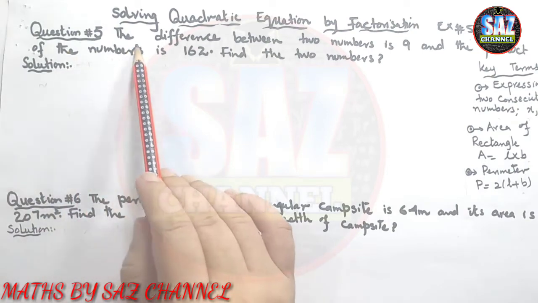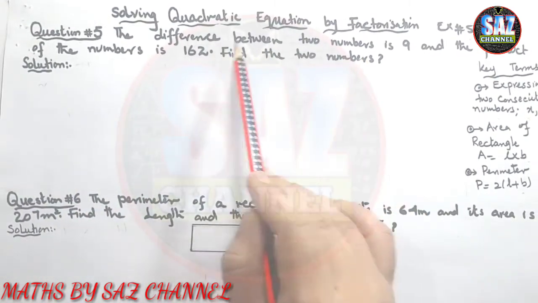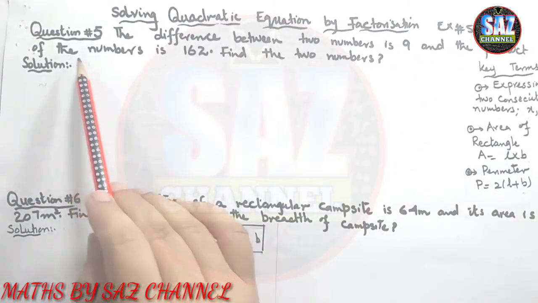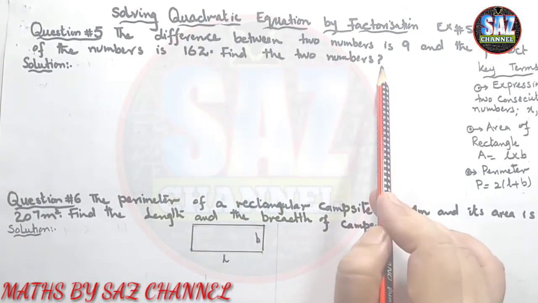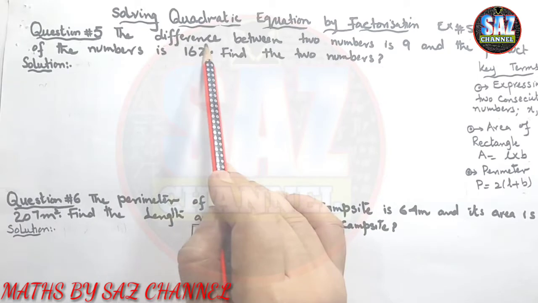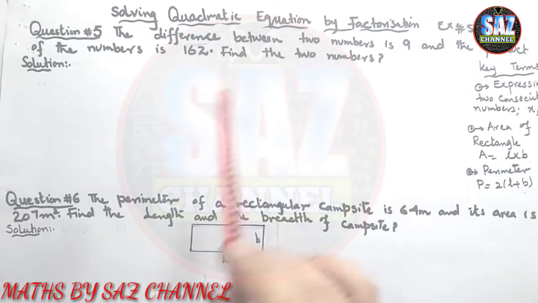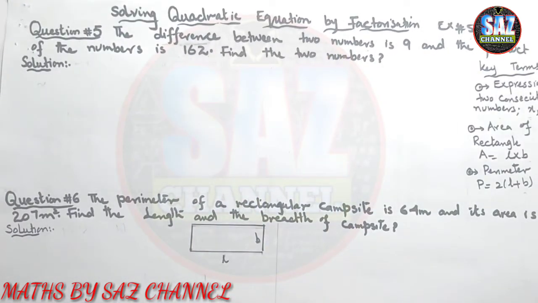Question 5 says the difference between two numbers is 9 and the product of the numbers is 162. Find the numbers. So we have to think about two numbers.